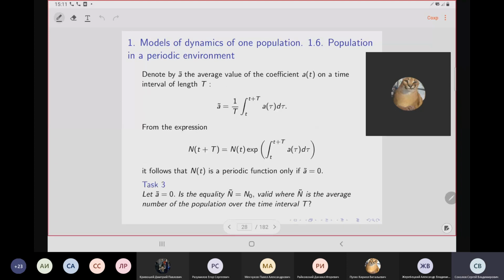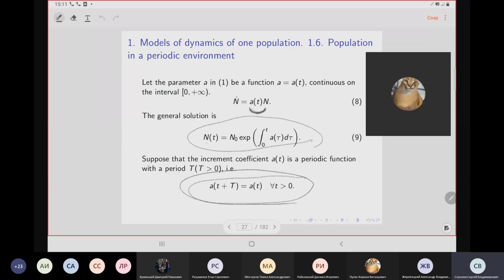Let us introduce the average value on the period, the average value of our increment. As we have the exact solution, we can consider the value n of time plus period.